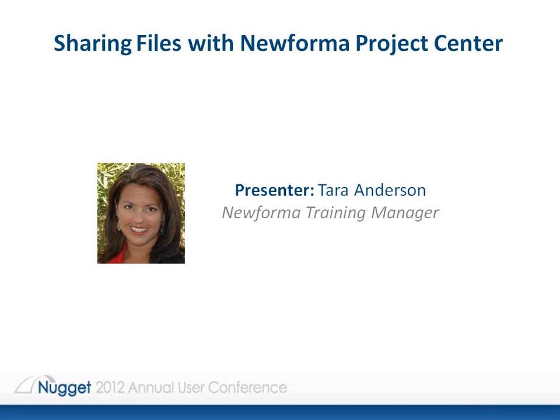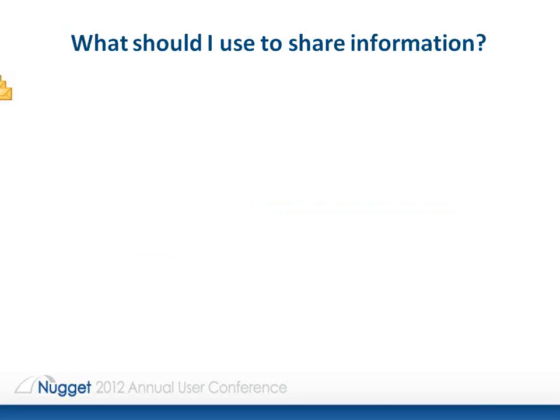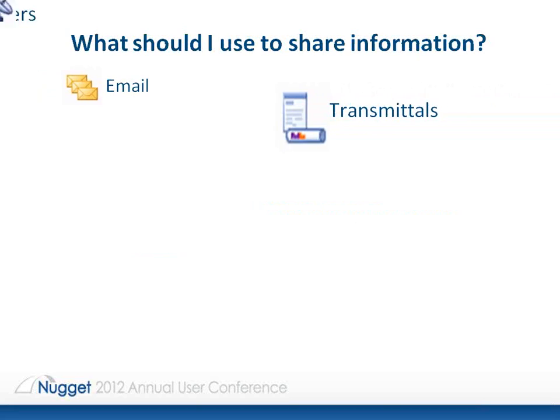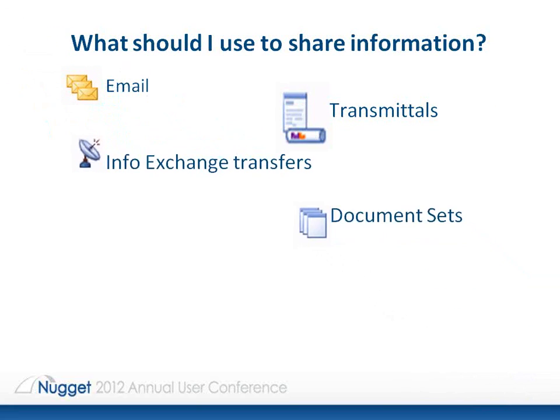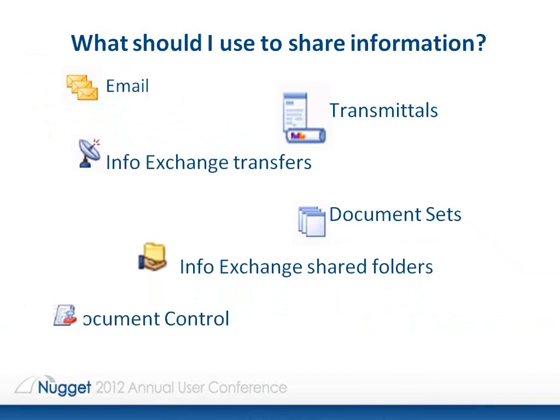And I get questions often about, well, there are so many different ways that we could send or share files with Nuforma. What's the best way to use when? What are all the methods that are there? Because within Nuforma, there's a lot of different ways that you can pull information and send information and track information.